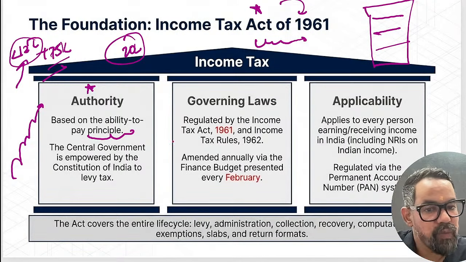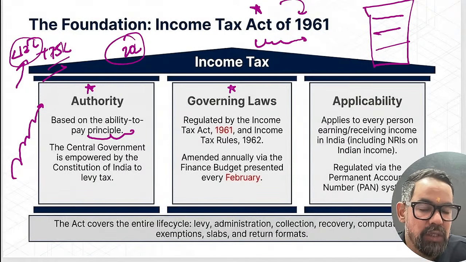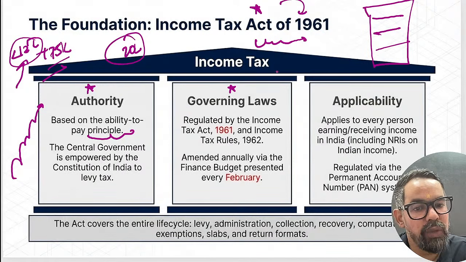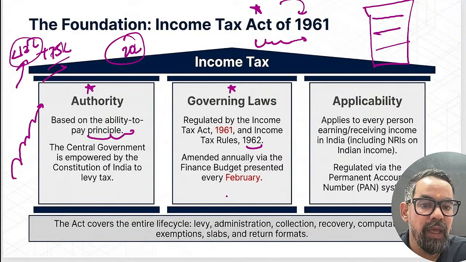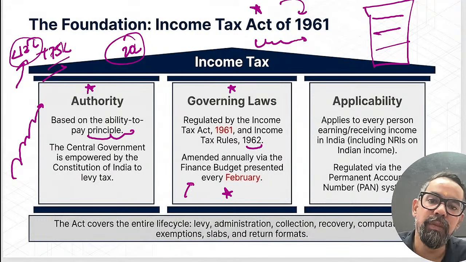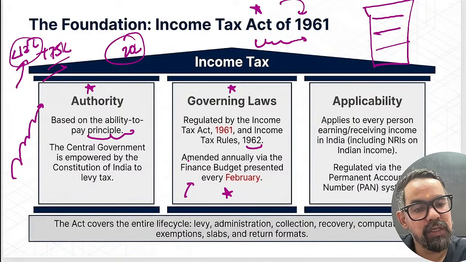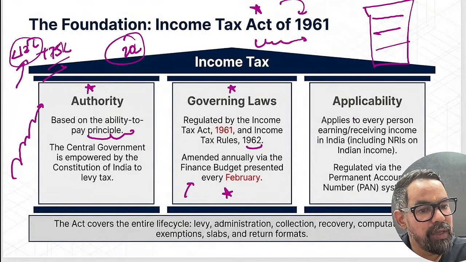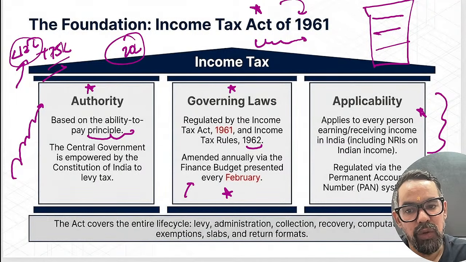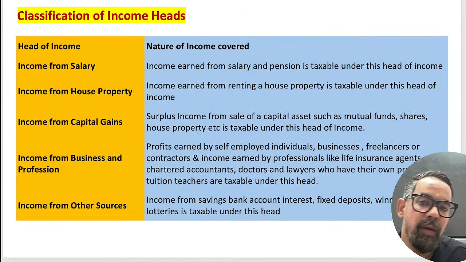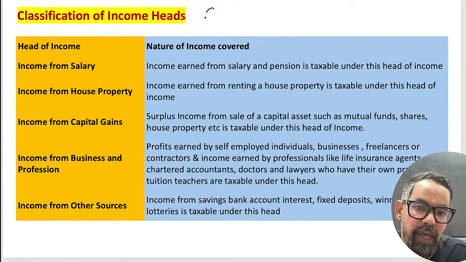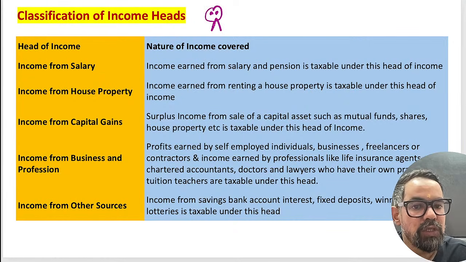When it comes to governing laws, we have the Income Tax Act 1961 and the Rules 1962, and they get amended with the budget. Every year we come up with the budget. And for applicability across the different areas, we will be going through this. For an individual, we have 5 sources of income.